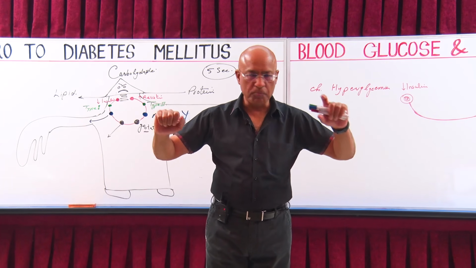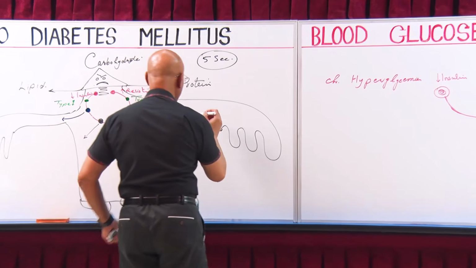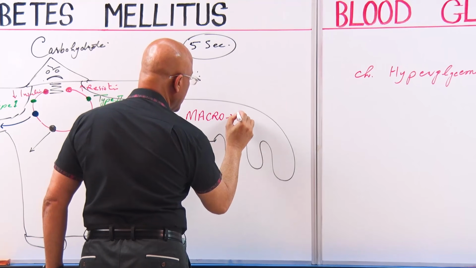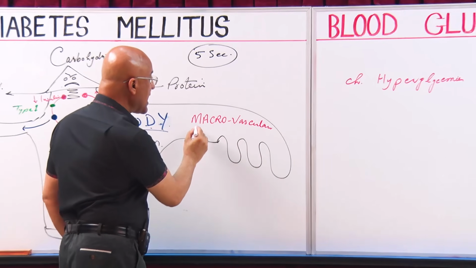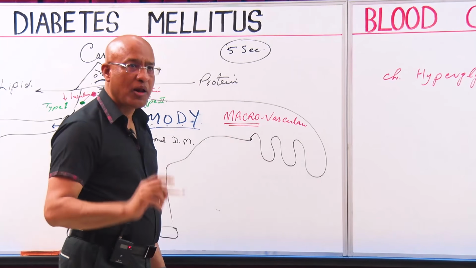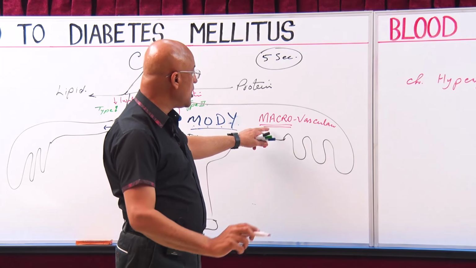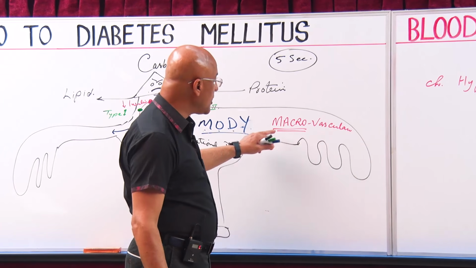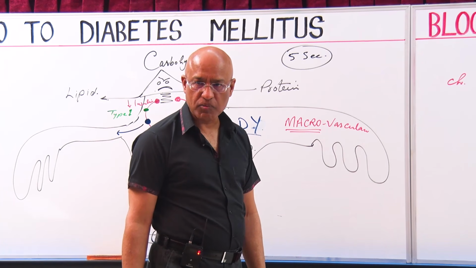Diabetes produces big vessel disease, which is called macrovascular complications, macroangiopathy, or we can say big vessel diseases in diabetes mellitus.